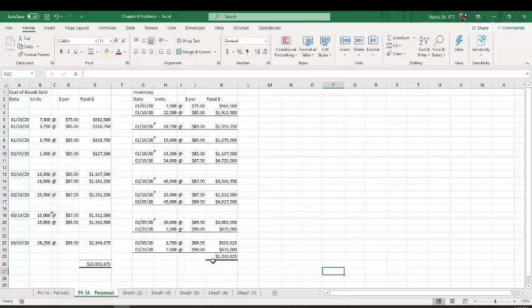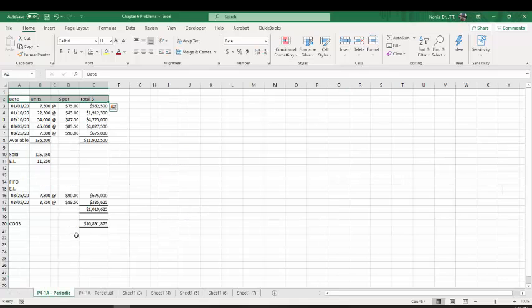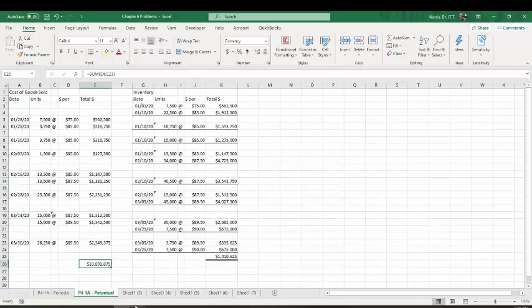And if you look, the ending inventory value of $1,010,625 is in fact what we calculated ending inventory to be under the periodic. The cost of goods sold of $10,891,875 is in fact the same as we did under the periodic.